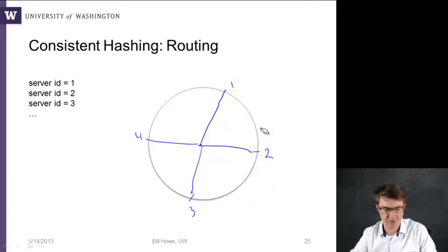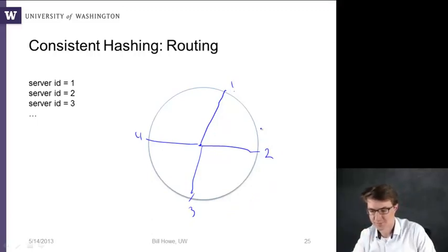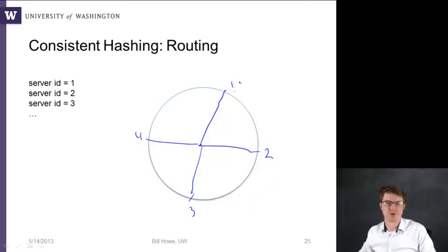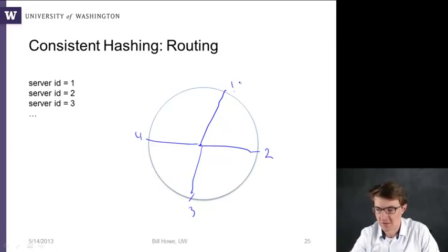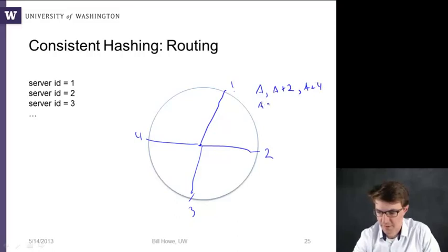So a better way of doing this is for each server to memorize the locations of other servers in the ring, and which servers it memorizes is like this. So it knows where itself is. It knows A plus 2, A plus 4, A plus 8, A plus 16, and so on.